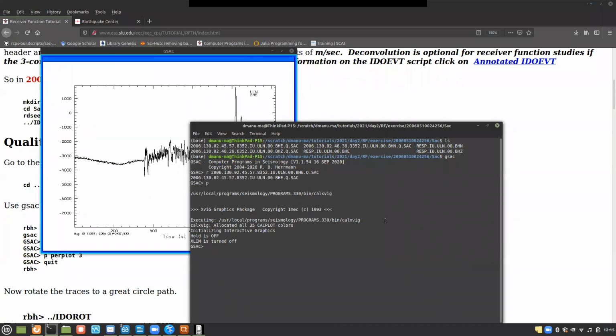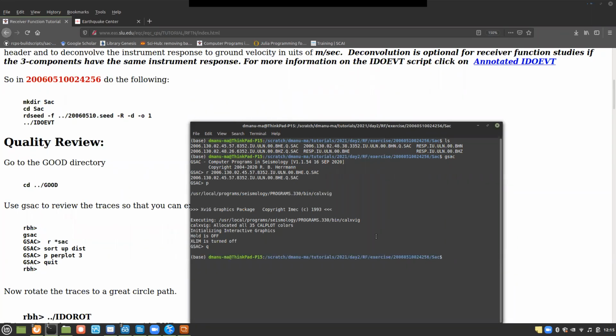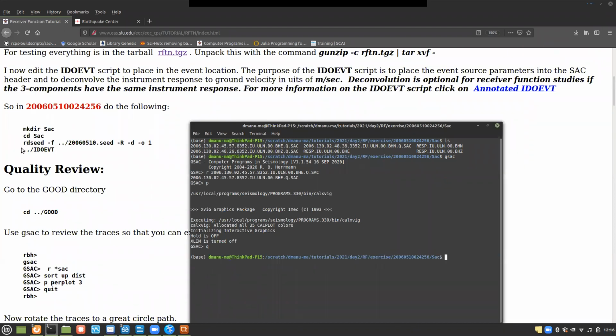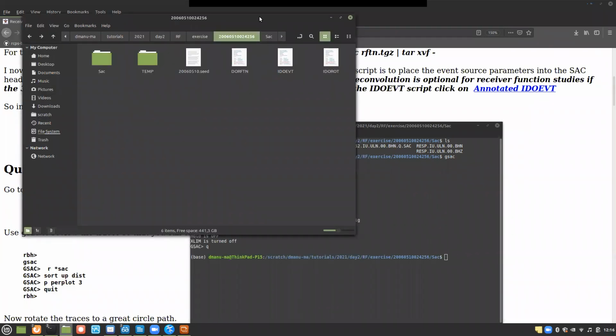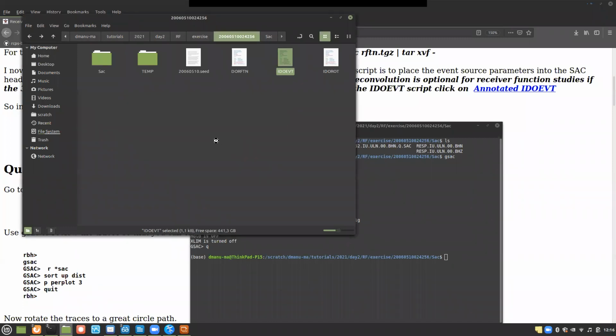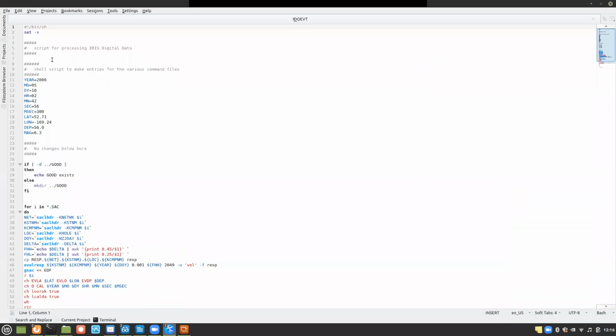So once we have our waveforms down, we have to run this code now. Let's look at what is in here. It says run this I-do event. There are some comments, so you can also know what it's doing. This makes entry into various commands.